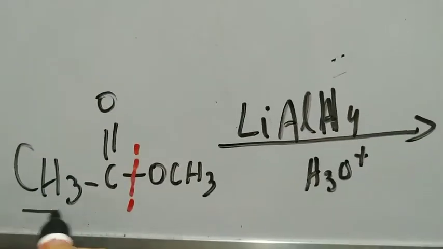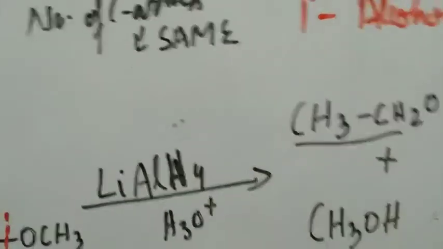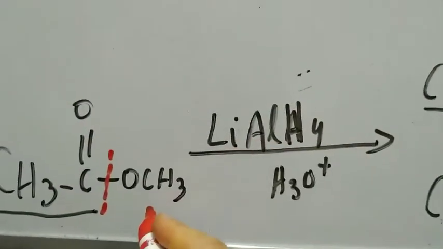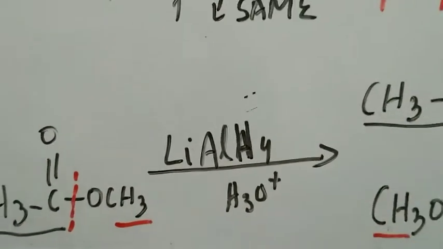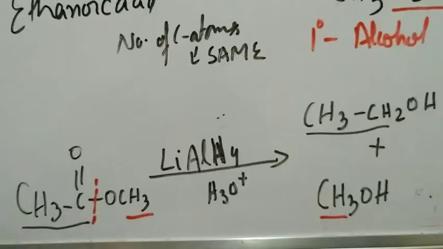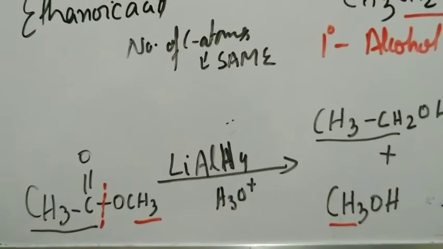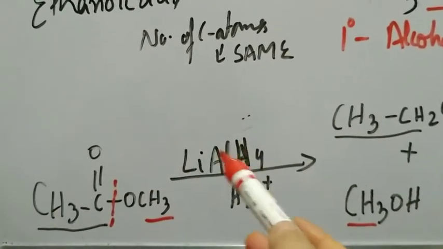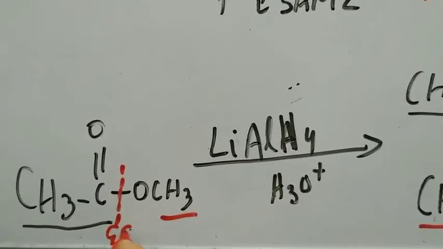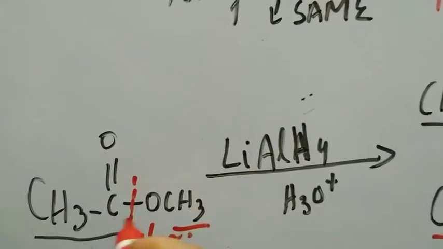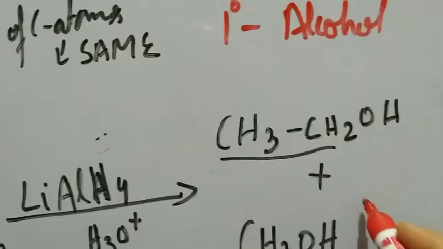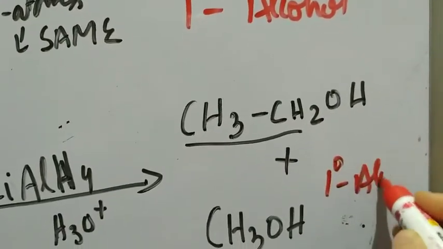So this part is in one of the products, and this part of the ester is in another product. Both of them are primary alcohols. This ester is methyl acetate, and what you get is primary alcohols.